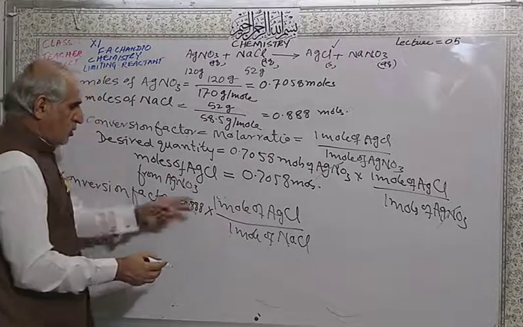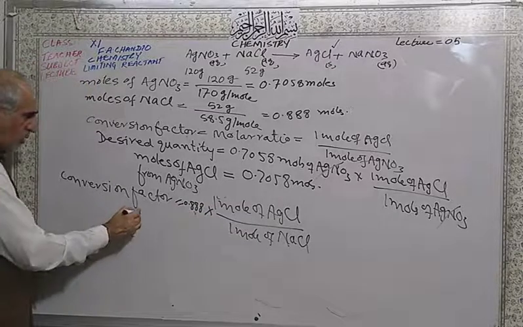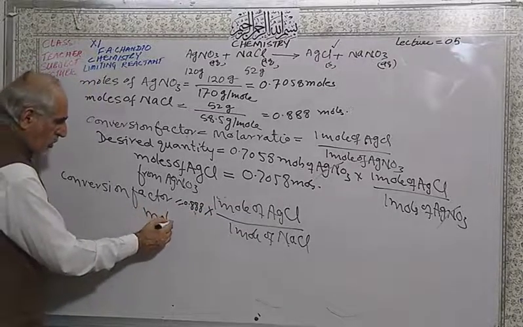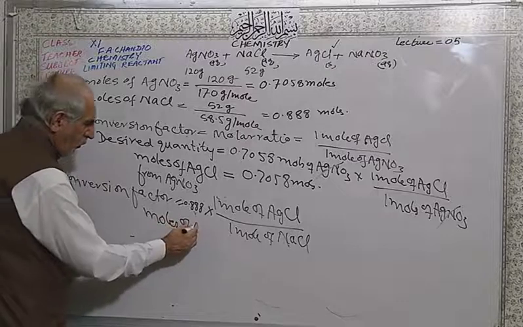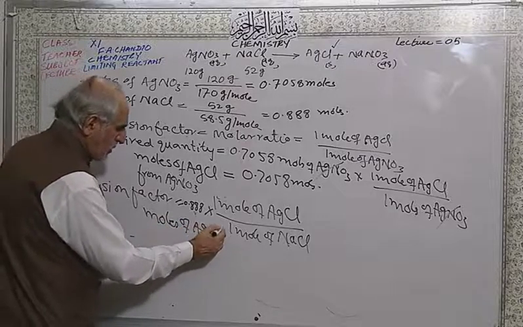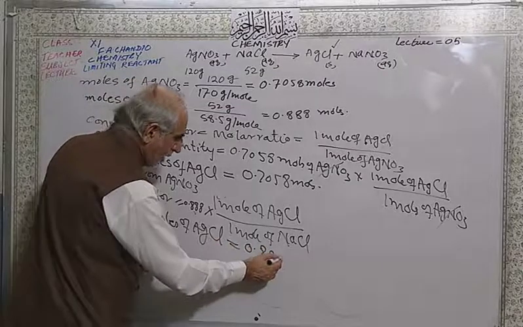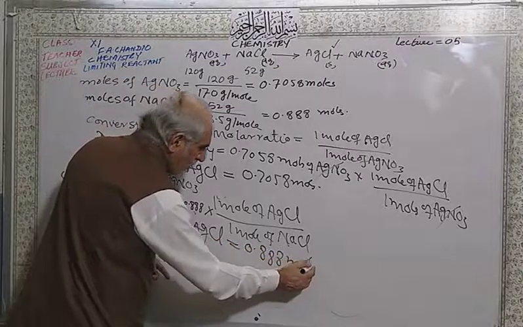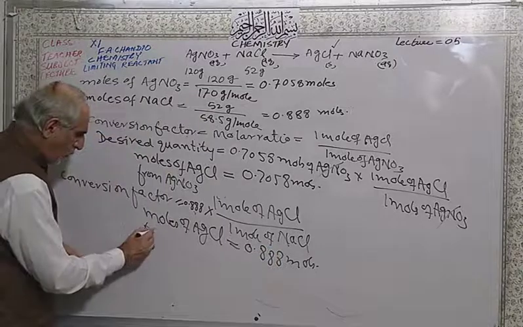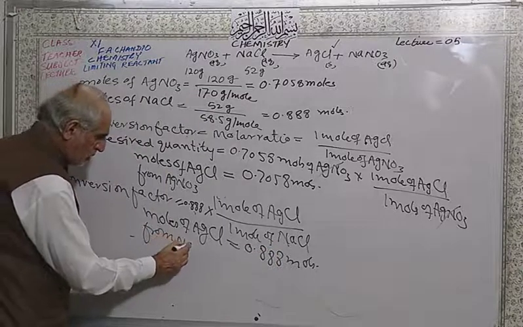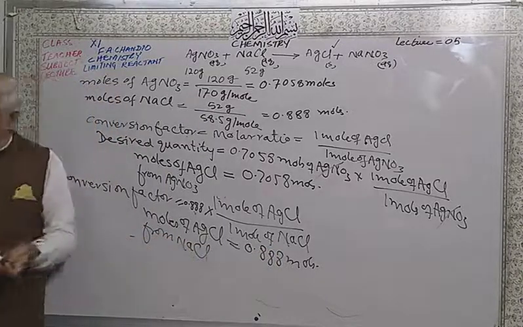So you will get again the same moles of silver chloride, 0.888 moles. Now these are from sodium chloride.